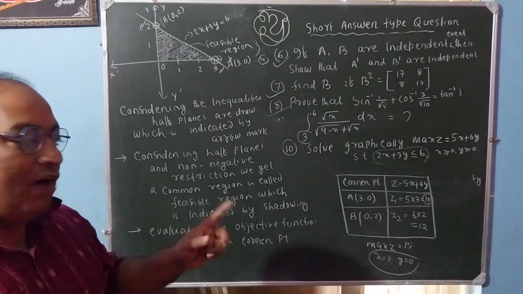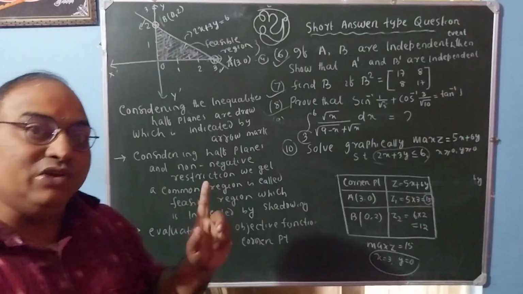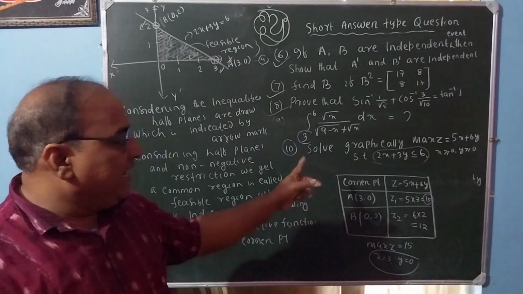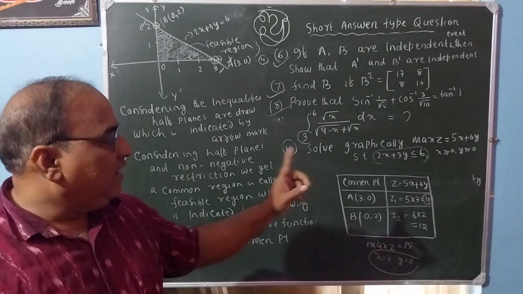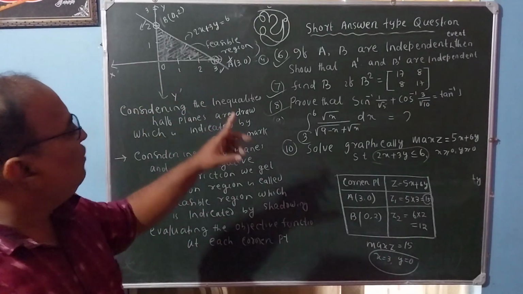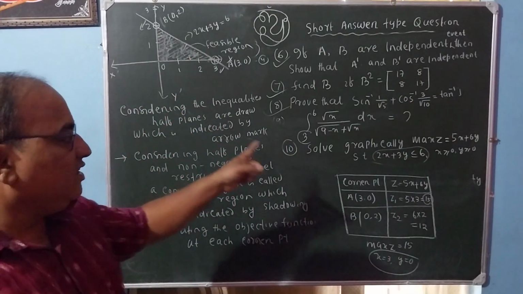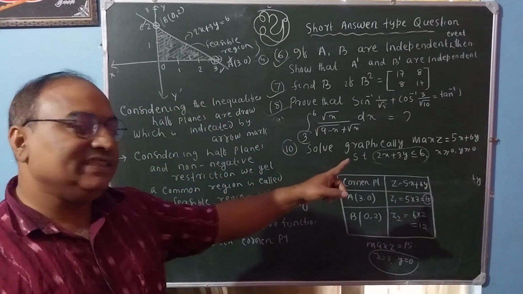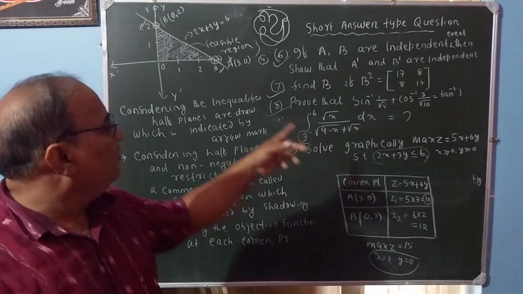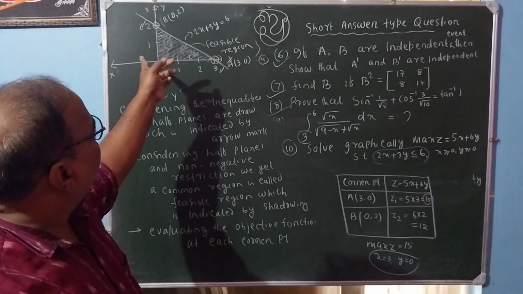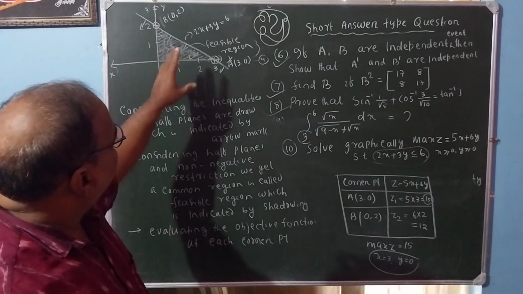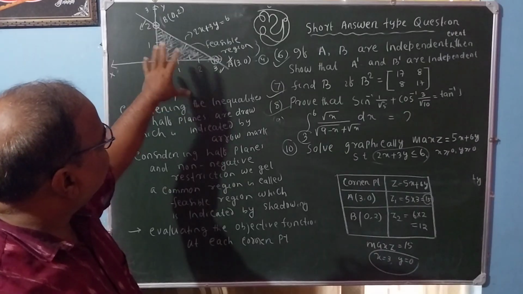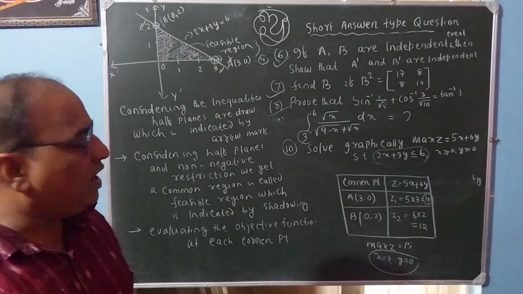First of all, you have to convert the inequalities into equalities. Then draw the lines in two-dimensional planes. Considering the inequalities, we have to find out the point where it is indicated, that is represented by arrow mark.